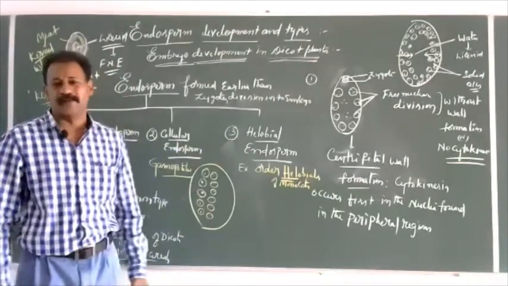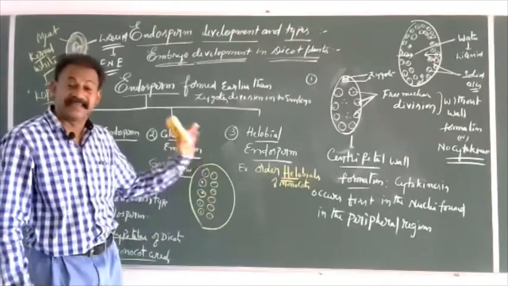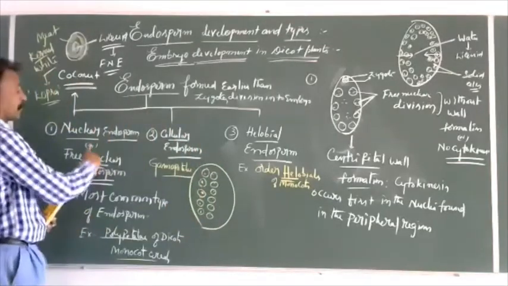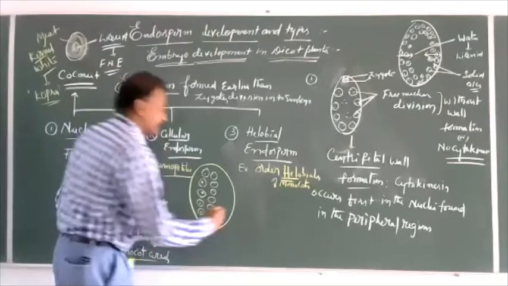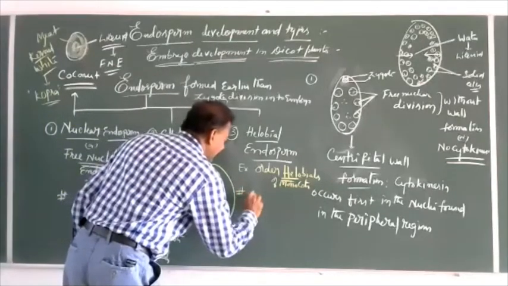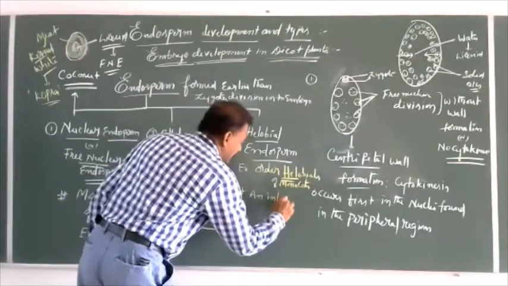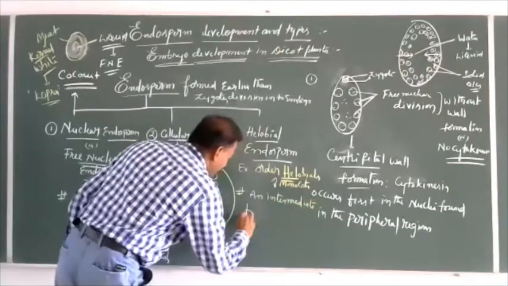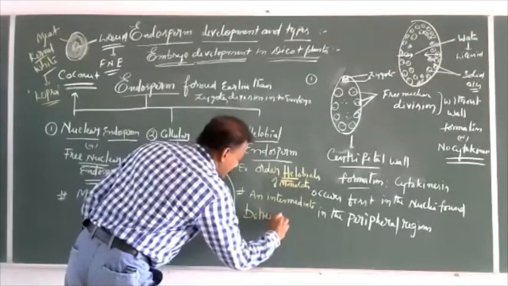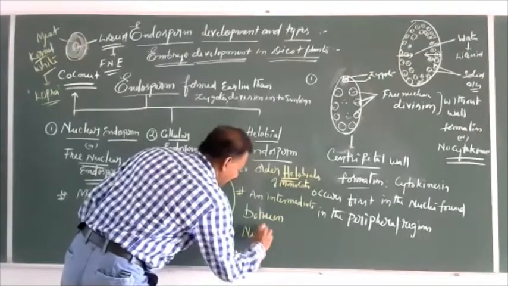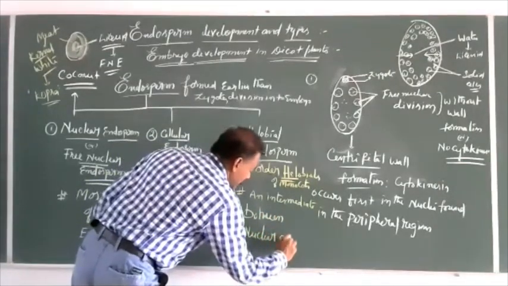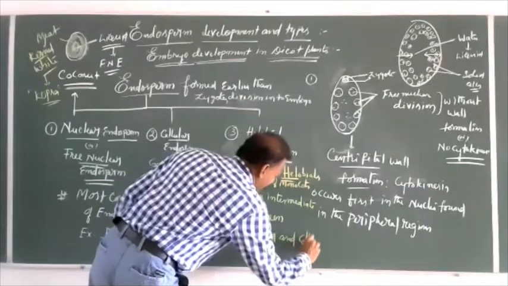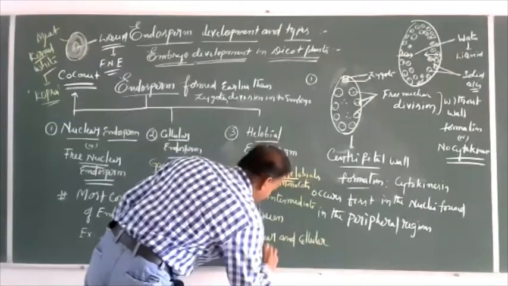What is this helobial type of endosperm? It is an intermediate between nuclear and cellular types.